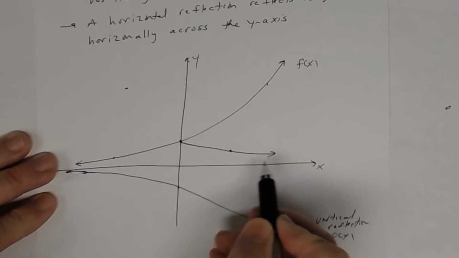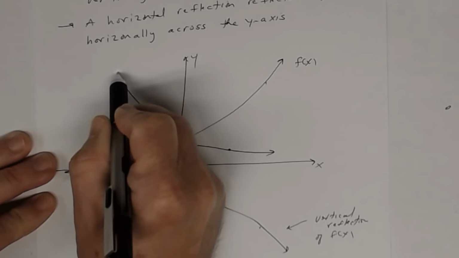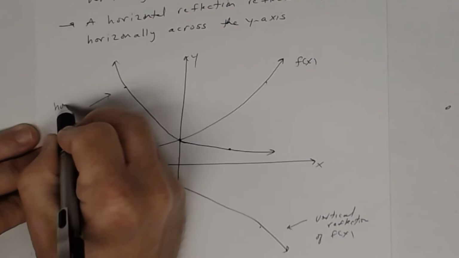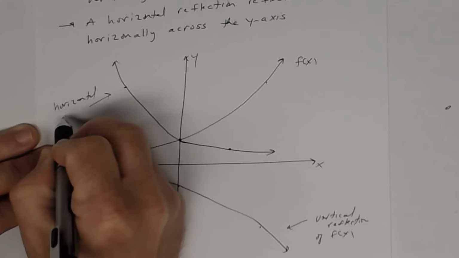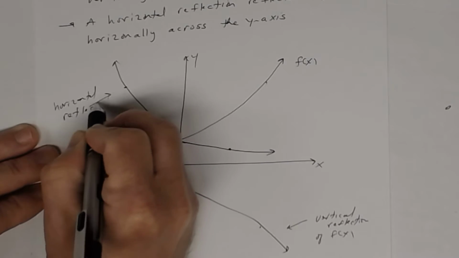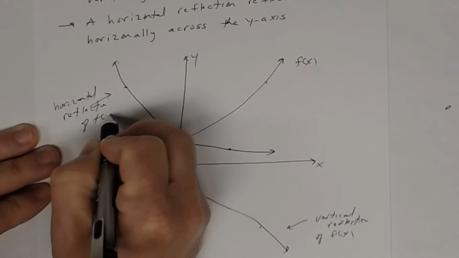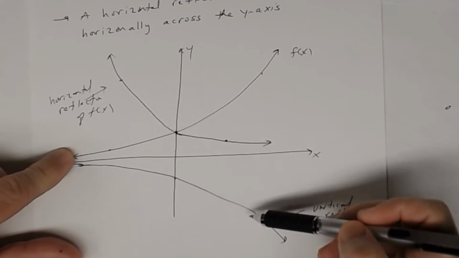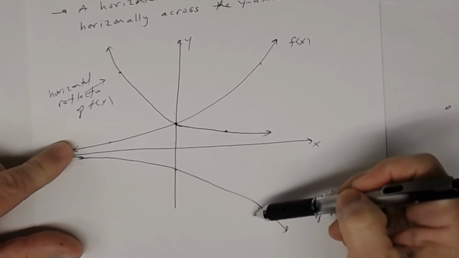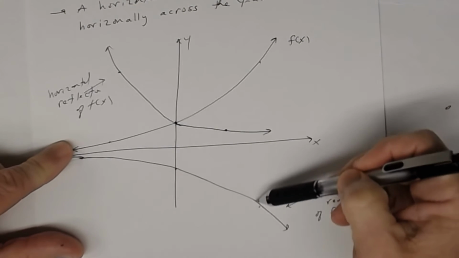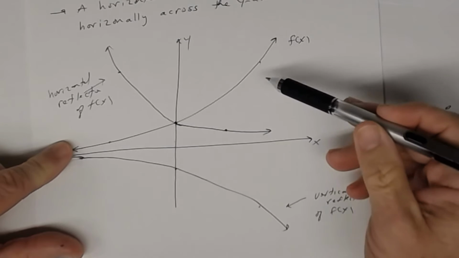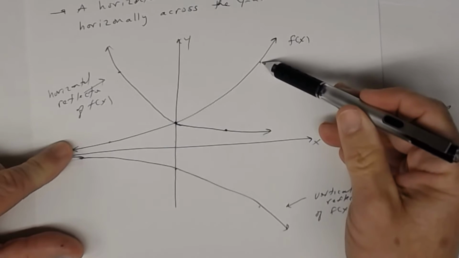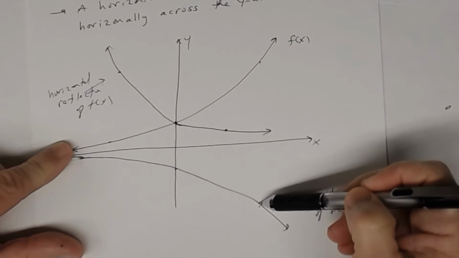So this right here is going to be the horizontal reflection of f of x. Notice when you do a vertical reflection, what changes and what stays the same. The x-coordinate stayed the same. It was the y-coordinate that changed. This y-coordinate, its opposite is right here.